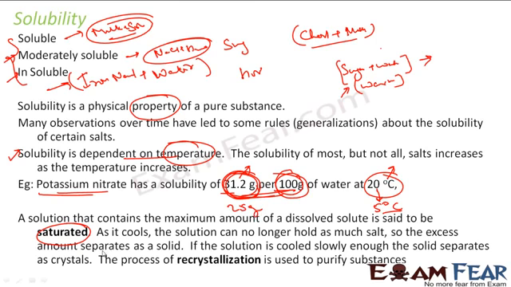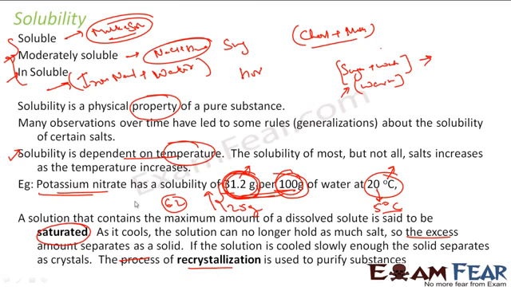The extra 6.2 grams will come out as a solid. This process is called recrystallization, or precipitation also.